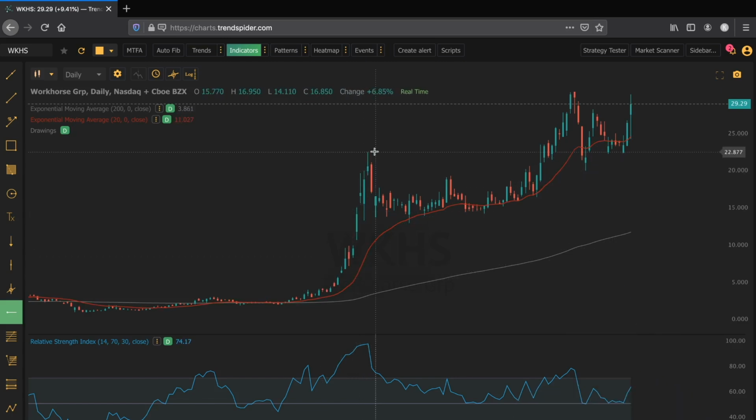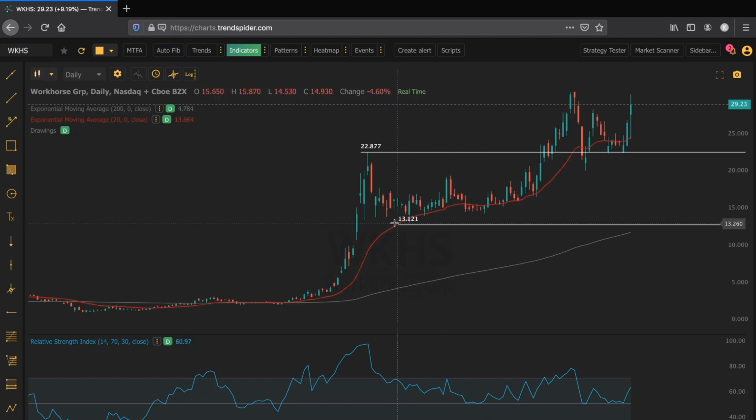So we have an obvious area of symmetry right here at the $23 level where it came up, tested that area, and it ended up not being able to break out of that area and failed. That's going to be an area of resistance. We then came back down and we found support at the $13.40 area, and that's going to be an area of support. So we need to mark that down.